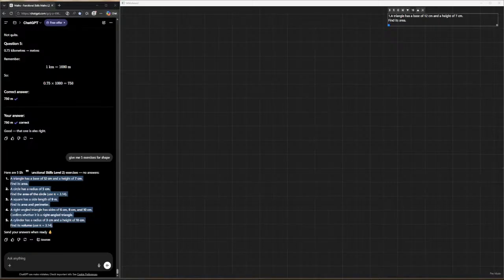What is the question asking? It has a base of 12 centimeters and a height of 7 centimeters. Find each area.